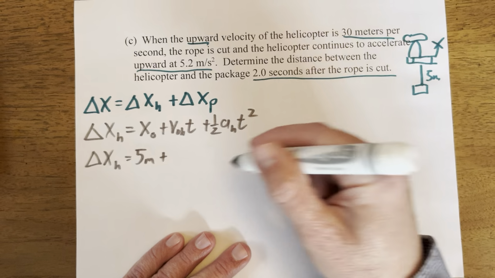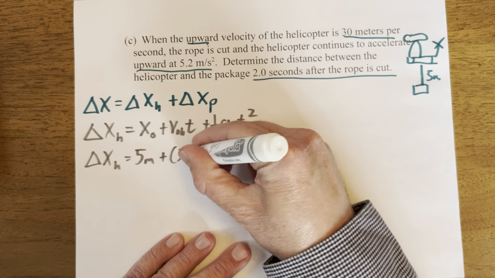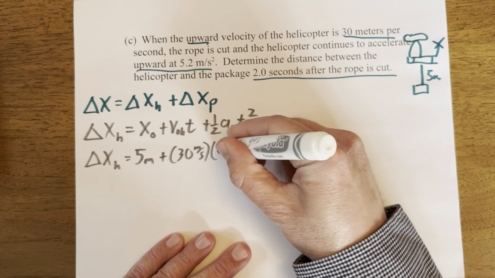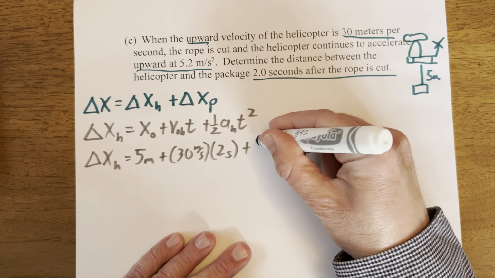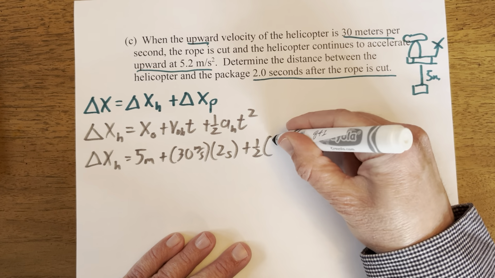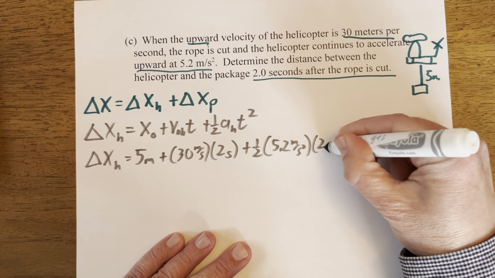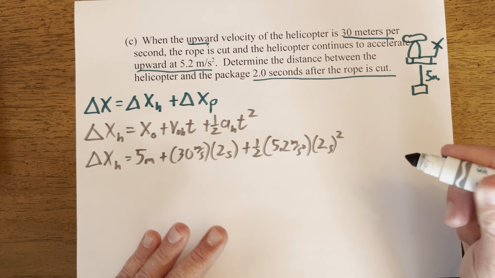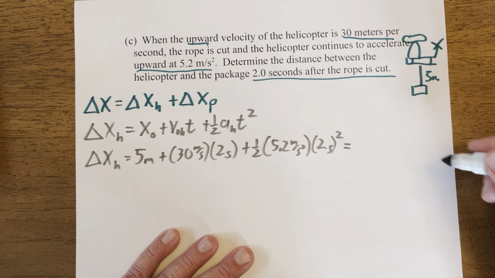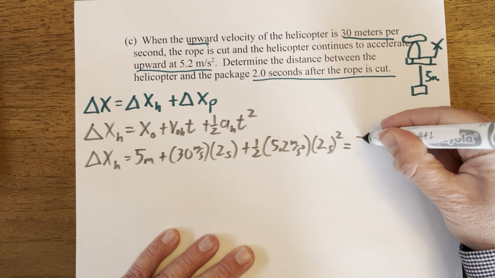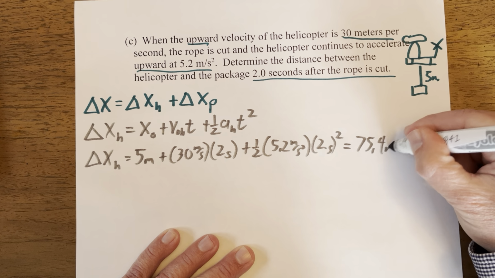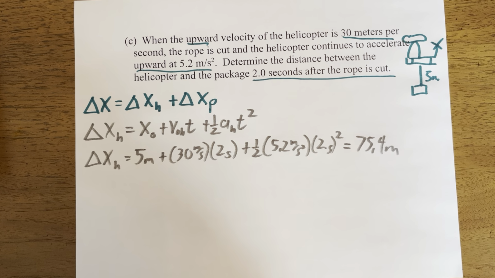It had a 5 meter head start. Its initial velocity is 30 meters per second. The time we're talking about here is 2 seconds. The acceleration remains at 5.2 meters per second squared. And again, here comes our time of 2 seconds again. And let's work this out. You will get from all of this 75.4 meters.